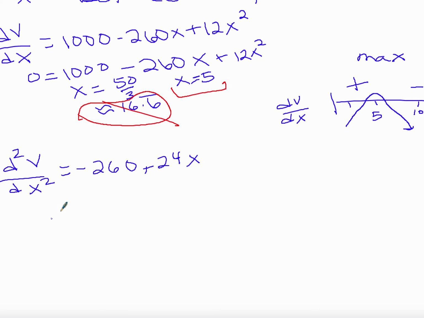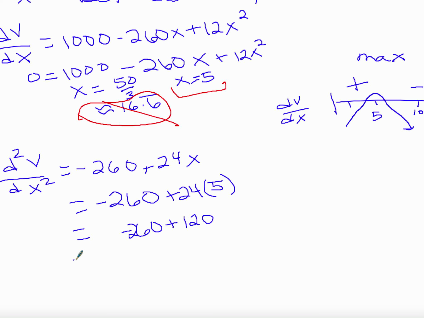If I solve that, negative 260 plus 24 times 5, I get negative 260 plus 120, which is negative 140. That is less than 0.